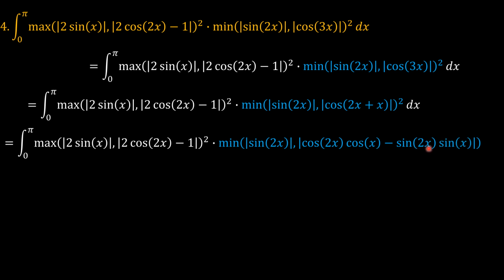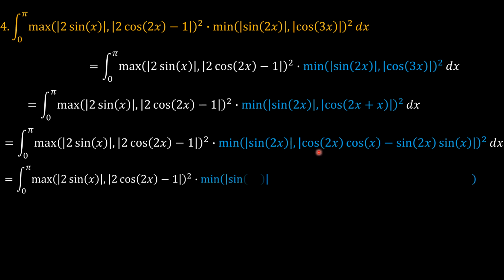So let's expand the sine 2x part there, and sine 2x is the same as 2 sine x cosine x, and that allows us to now write, we want to get a cosine 2x on this other side as well. So we have 2 cosine x sine x, and when we multiply sine x and sine x, that becomes sine squared x.